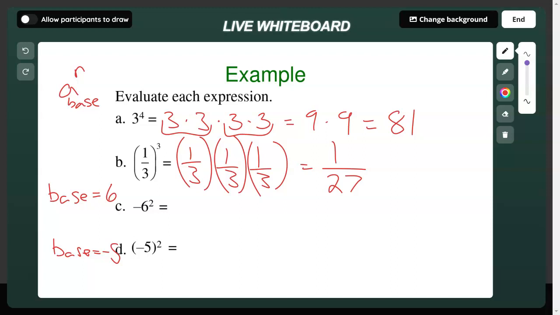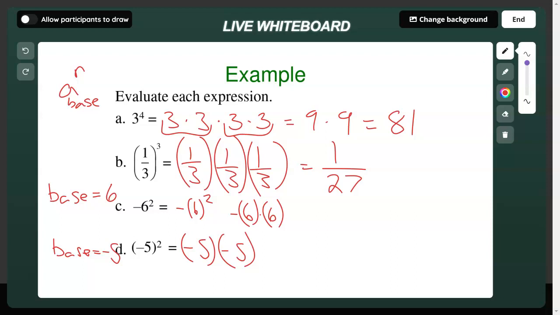So this is more accurately that. Or we can expand it to -6 times 6 versus -5 times -5. Notice the difference there.